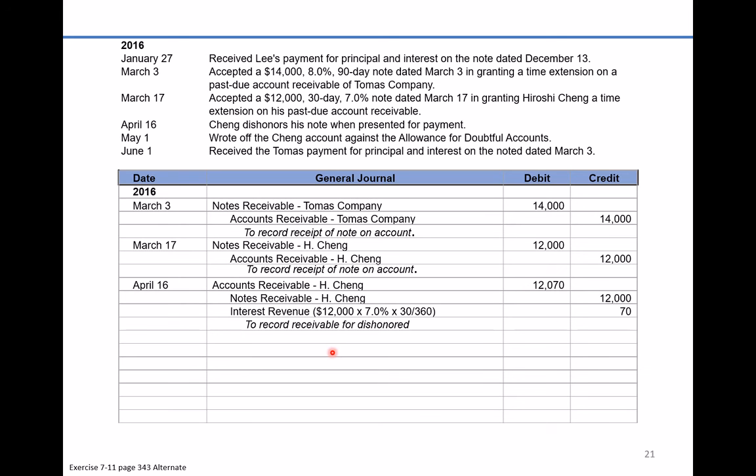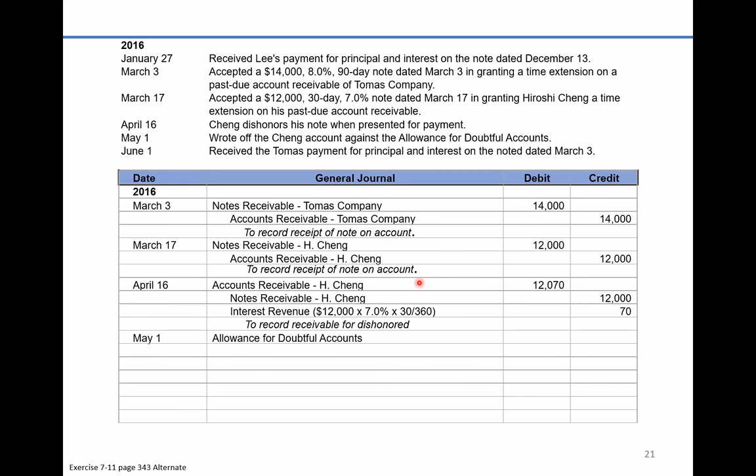Now, many companies would decide on that exact same time when the note was dishonored to go ahead and charge it off. In this case, the company is waiting to do this until May the 1st. So May 1st wrote off the Chang account against the allowance for doubtful accounts. So we're actually applying this full amount now back to that allowance amount we've been setting aside periodically for uncollectible accounts. So on May 1st, the entry is to use up part of the allowance.